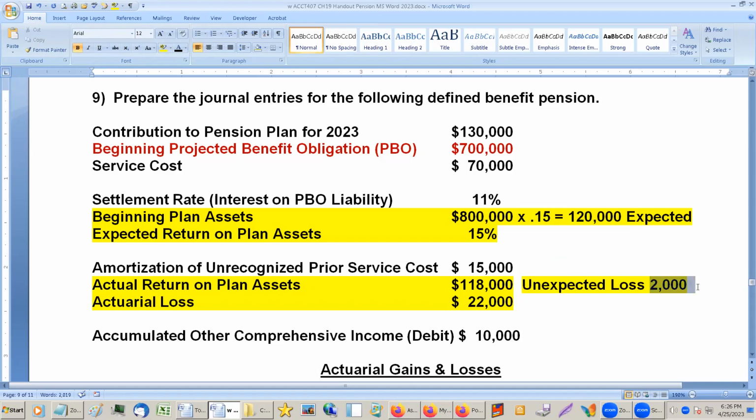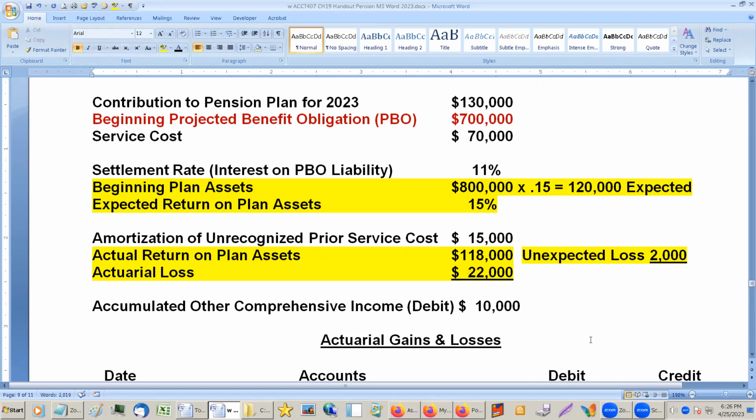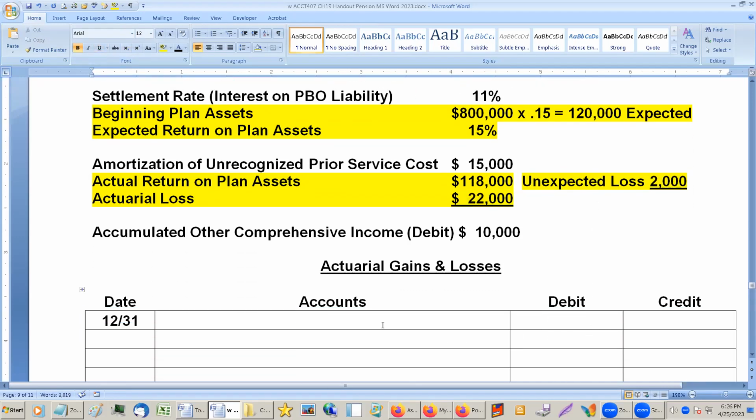Okay, so we have an unexpected loss of 2,000. We have an actuarial loss of 22,000. So what's the journal entry going to be?